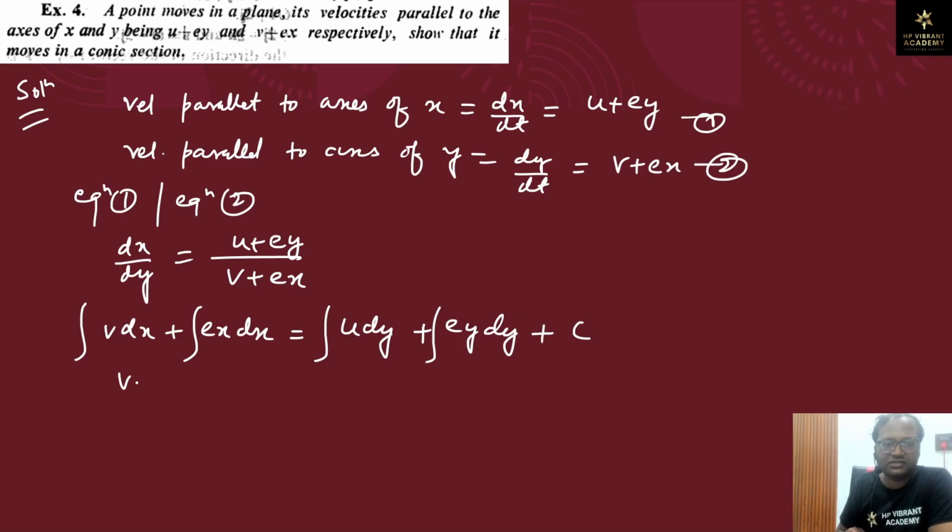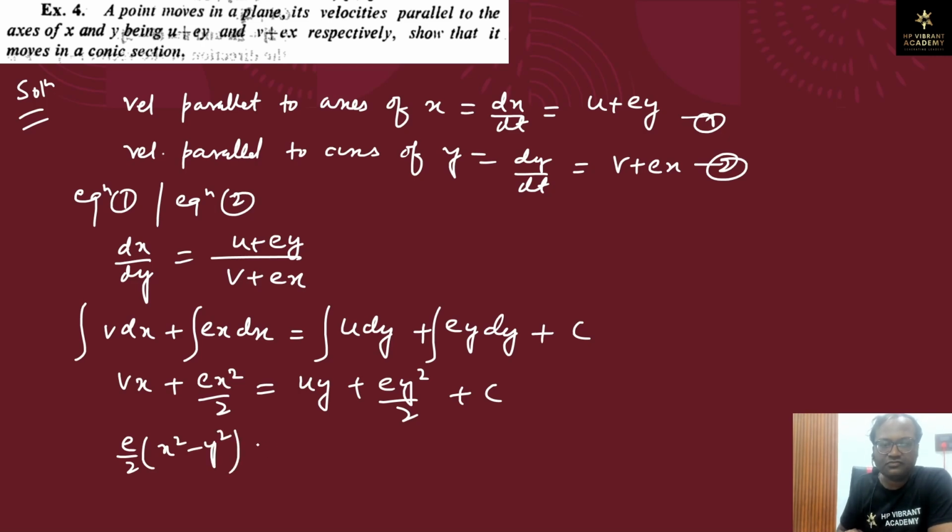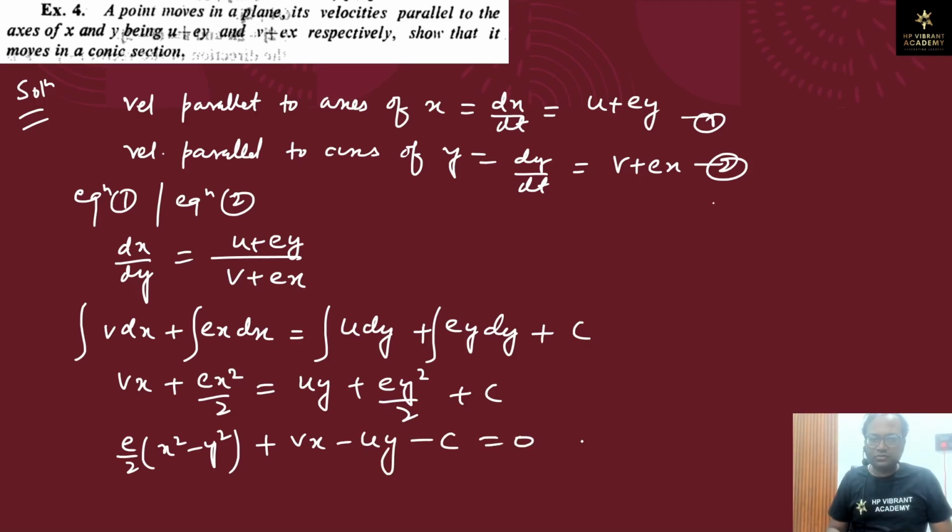So we have vx plus ex square upon 2 is equal to uy plus ey square upon 2 plus c. So we have e by 2 (x square minus y square) plus vx minus uy minus c is equal to 0. Okay, so e(x square minus y square) plus 2vx minus 2uy minus 2c is equal to 0.